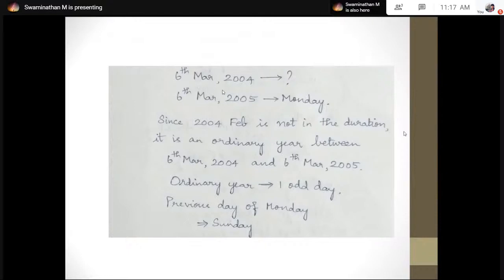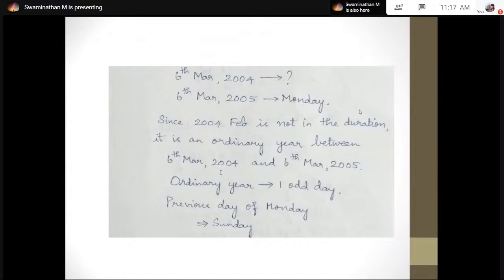It is like 1 year, 6th March 2004 to 6th March 2005. But many make a mistake here, assuming 2004 is a leap year, they take 2 odd days. But February month of 2004 need not be included in this duration because it is March. So 1 odd day in this duration.